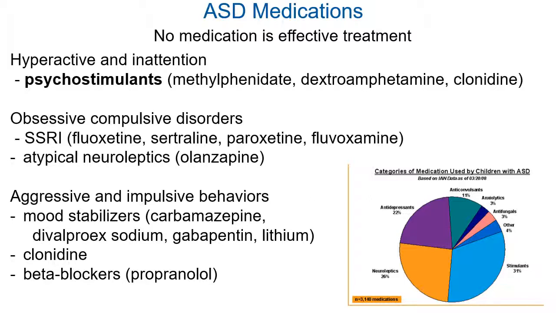You could also try atypical antipsychotic or neuroleptic such as olanzapine. If they are aggressive or impulsive, you're going to utilize a mood stabilizer. These includes carbamazepine, valproic acid, gabapentin, or lithium. Other options include clonidine, which is an alpha blocker, as well as beta blockers, specifically propranolol.